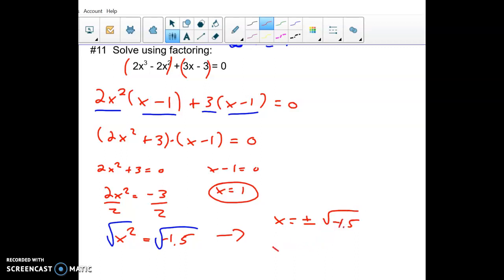I think we've done some simplest radical form stuff here. Because we don't normally have a decimal there, I'm going to pull off the negative part and make that i. So it becomes plus or minus i times the square root of 1.5. That's two more imaginary answers, giving us a total of 3 answers for this x cubed.